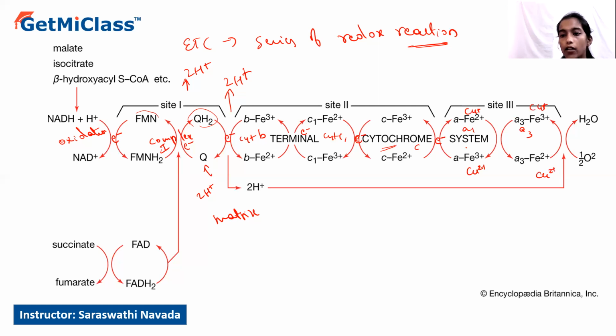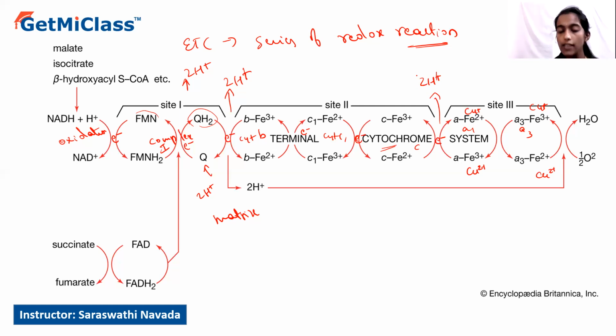So upon accepting the electron, in cytochrome A the cupric ion will be reduced into cuprous ion, and then it will be transferred to cytochrome A3, where again the cupric ion will be reduced into cuprous ion. And as the electron passes through this series of electron carriers, during transfer of electron from cytochrome C to complex 4, again 2 hydrogen ions will be released into the mitochondrial intermembrane space from the mitochondrial matrix.